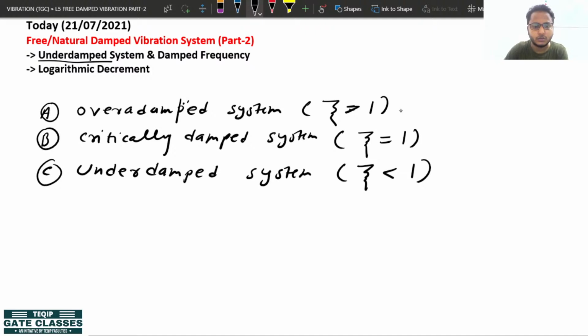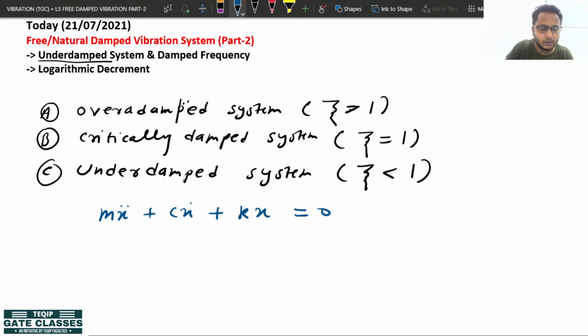If you remember, x means the solution of the differential equation. We have the differential equation m x double dot plus c x dot plus k x equals 0, right?